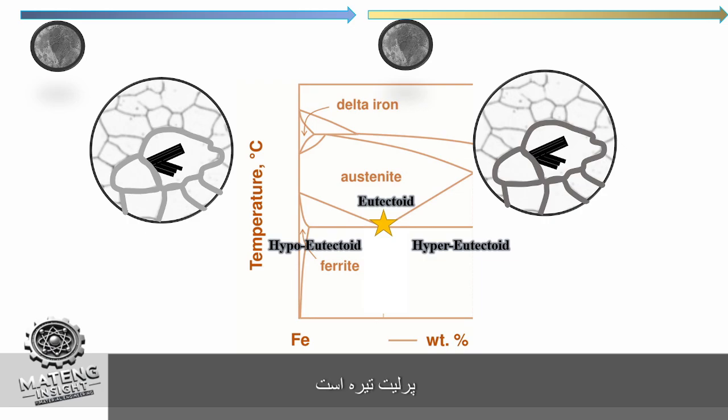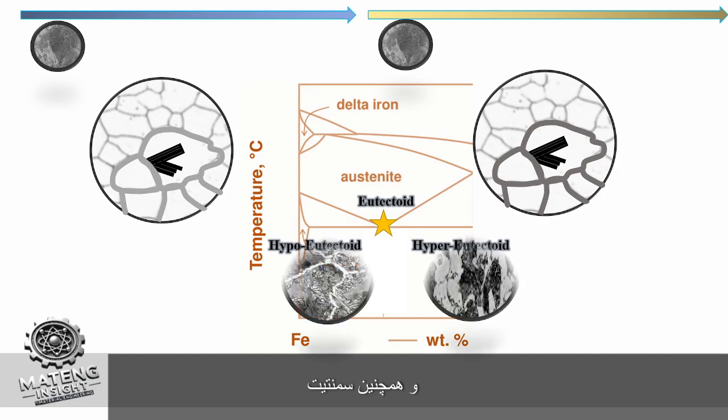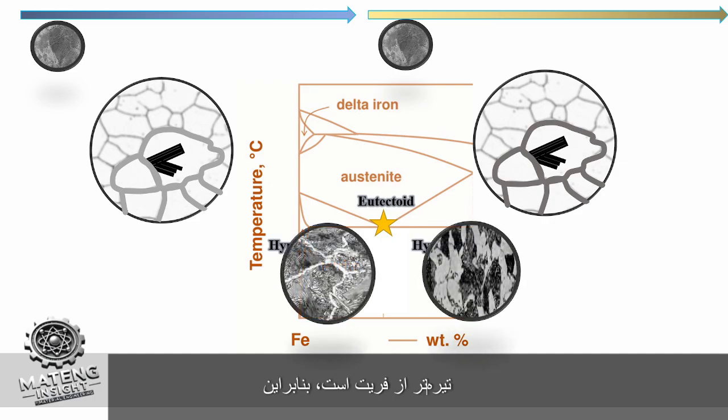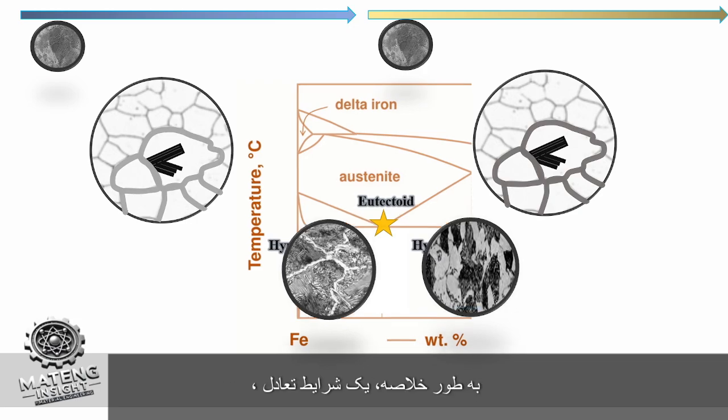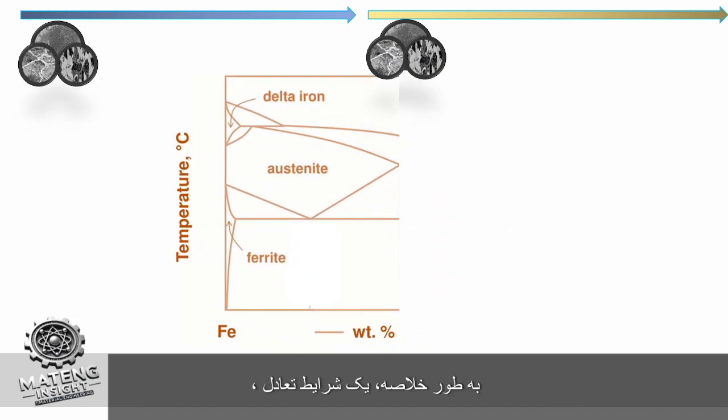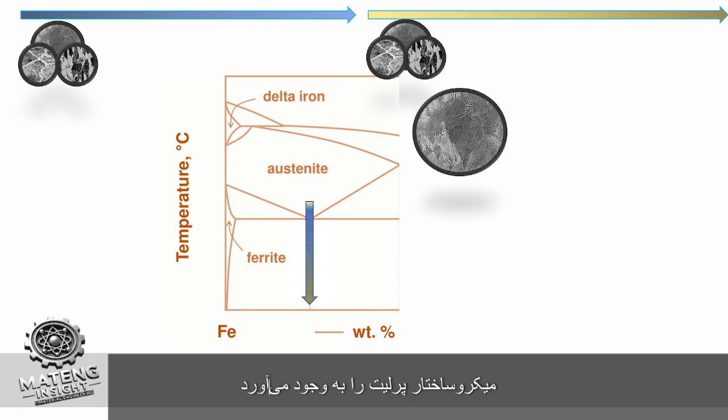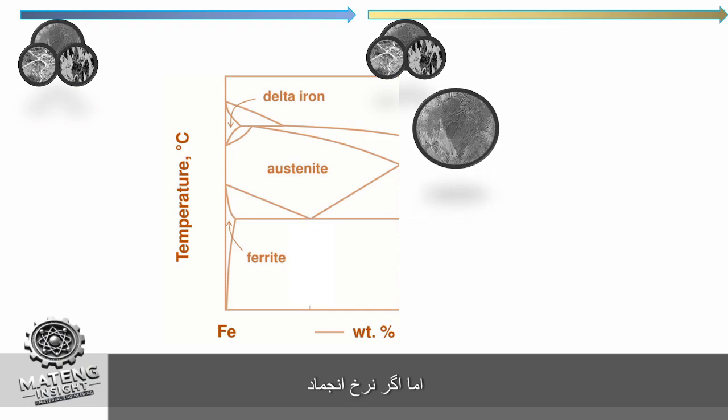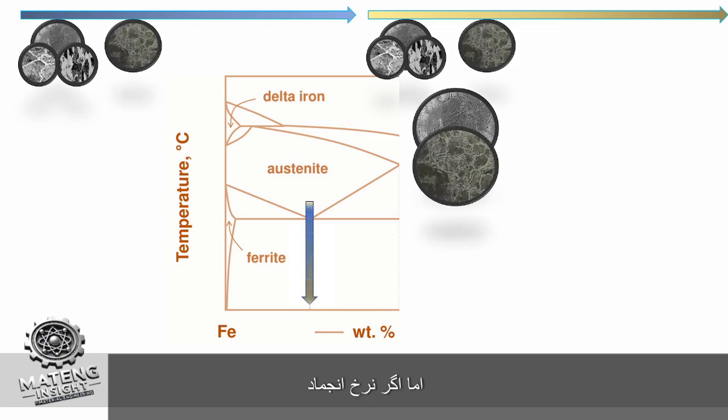In this situation, pearlite is dark, and also cementite is darker than ferrite, so it helps you to distinguish the pre-eutectoid structure.